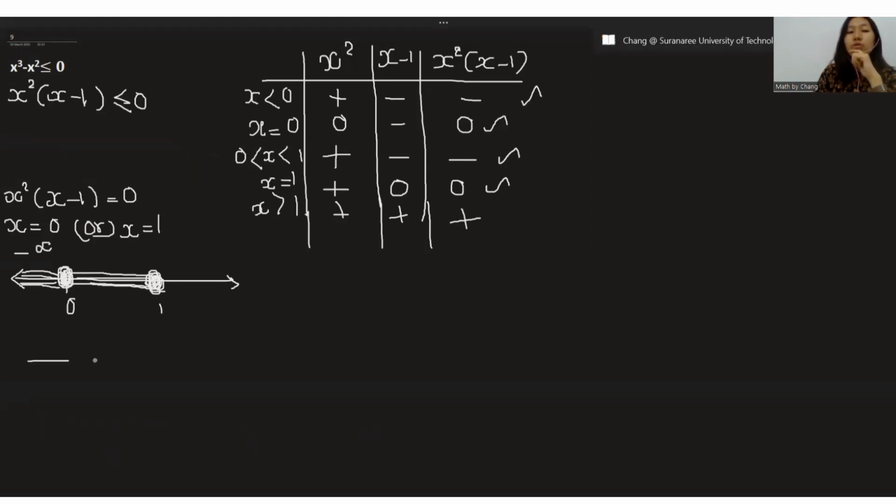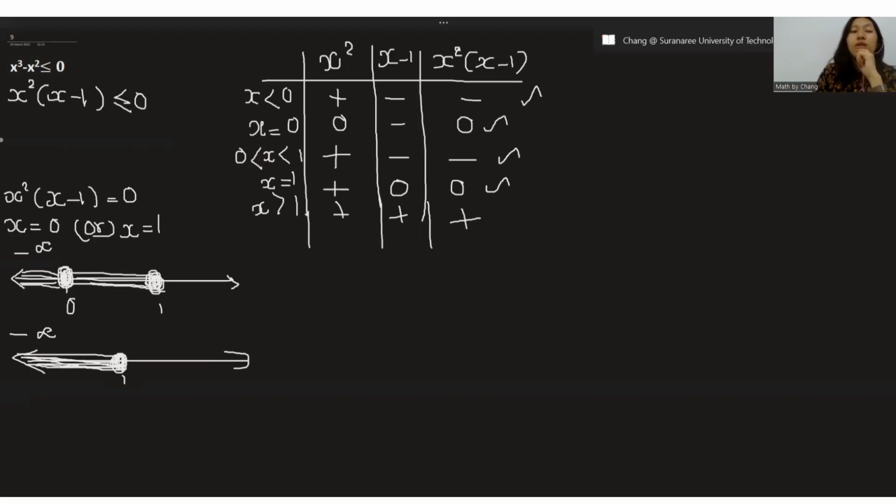To sum up, you can draw it like this. Here is 1. You have to shade here through the left side. All right. Yes, so this is minus infinity.